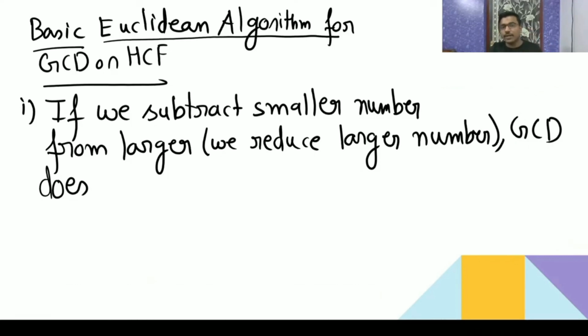So we subtract the smaller number from the larger number and we are reducing the larger number. After that also the GCD is not going to change. Then again we get two numbers, and then also the GCD is not going to change.